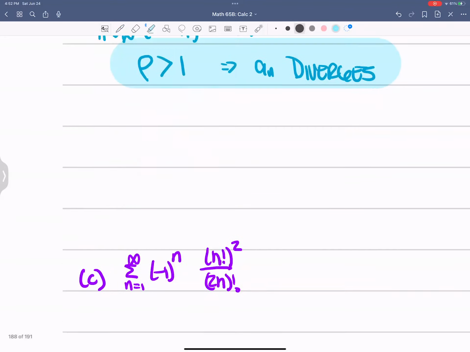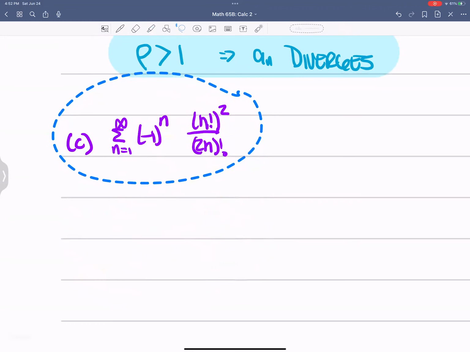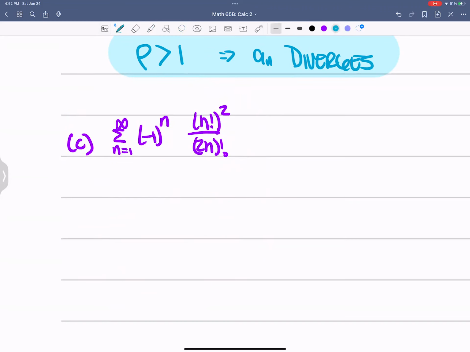All right, and let's take a look at this last one. This looks fun. So we have the limit as n approaches infinity of a sub n plus 1, so the second term.